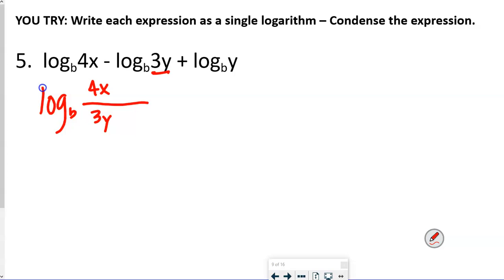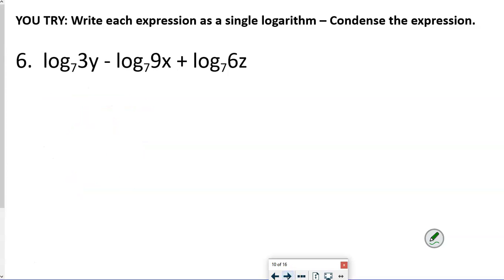And then we got another plus, so this one's going to go on top. So this is going to be y, which means it's going to be multiplied, right? So now what we want to look at is, can we simplify this at all? Well, I notice that I have a y on top and a y on bottom, so those can cancel each other out. So it's going to be log base b of 4x over 3.